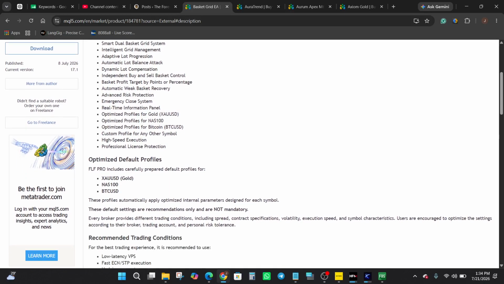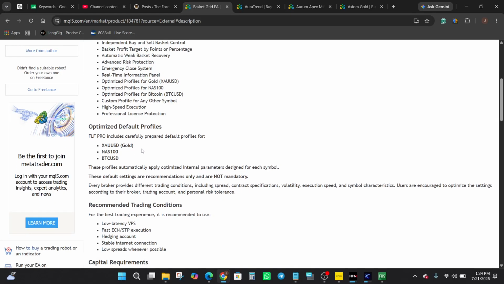Okay, now the listing includes optimized default profiles for three specific symbols: XAUUSD, NAS 100, and BTC USD, though it is clear that these are starting points rather than fixed settings, and users are encouraged to optimize based on their own broker's spread and execution conditions.